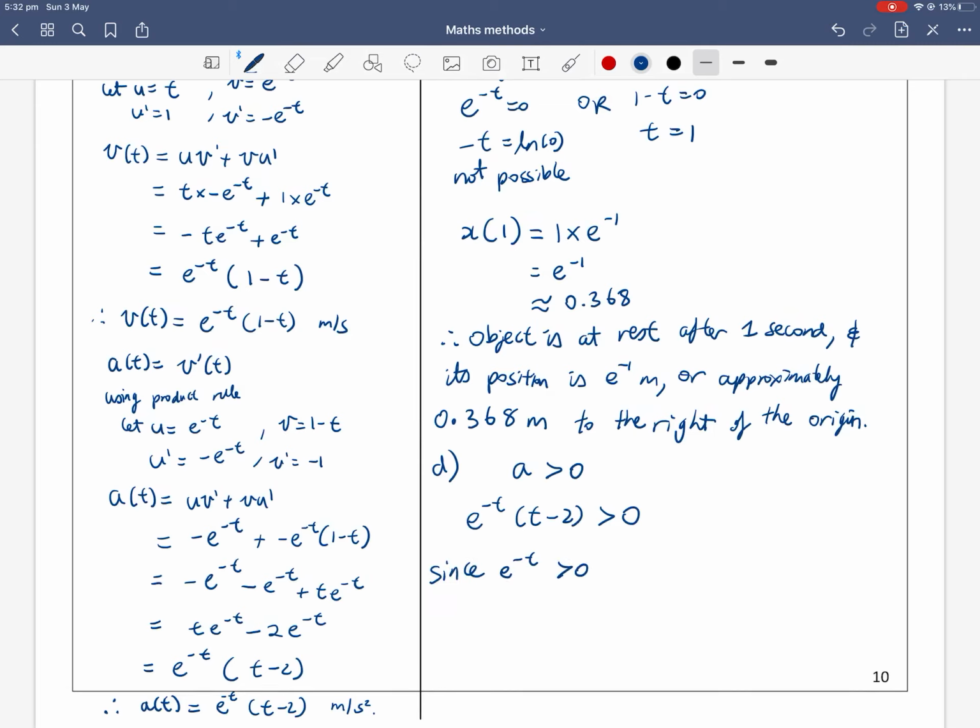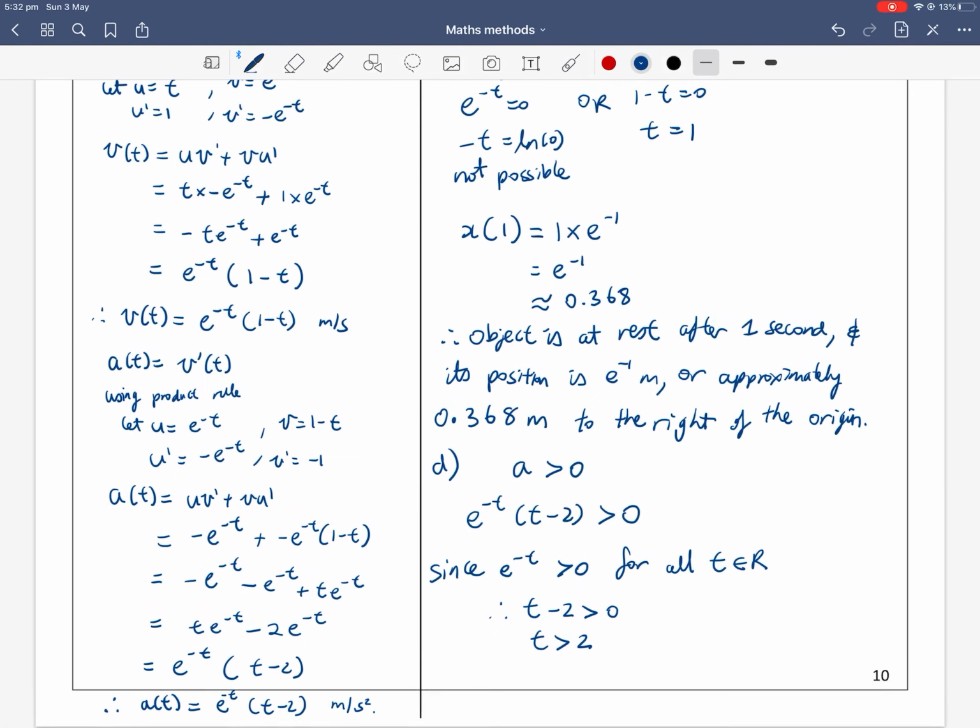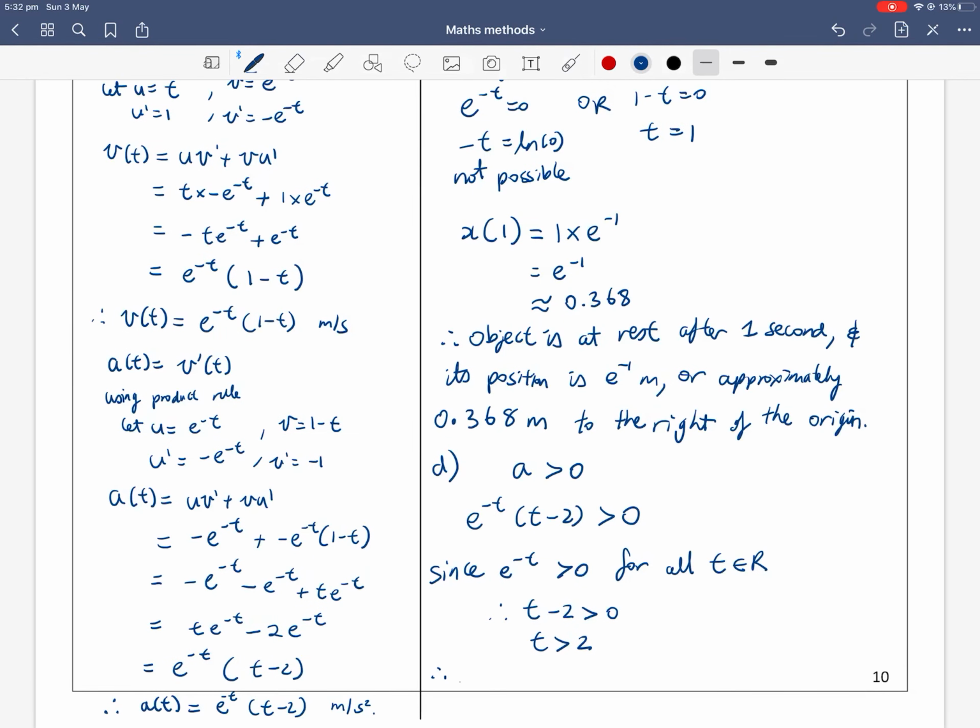Since e to the negative t is always positive for all t in the reals, for the function to be positive we need t minus 2 to be positive, which means t is bigger than 2.